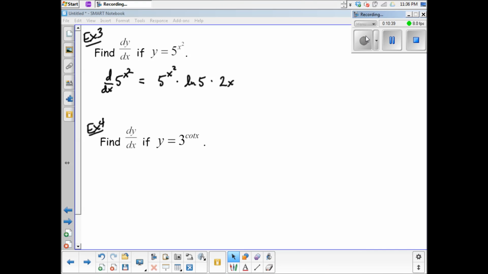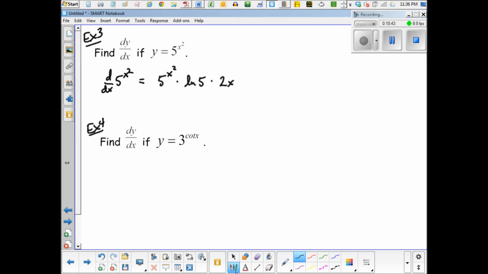Okay, and carrying on with that same thought, if we were to do this problem here, we start with the derivative of 3 to the something, which gives us that same expression, times an ln 3, because it's not a base e, times the derivative of a cotangent, which is negative cosecant squared x.